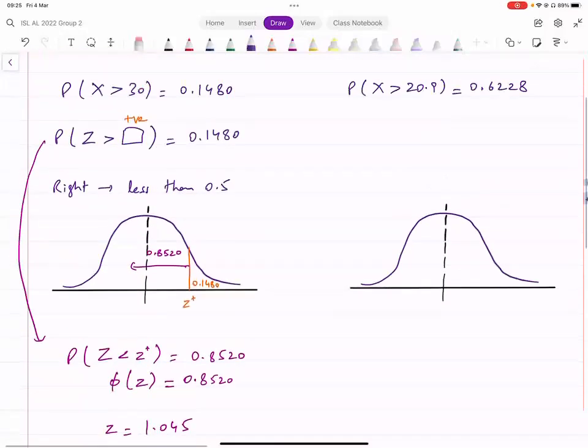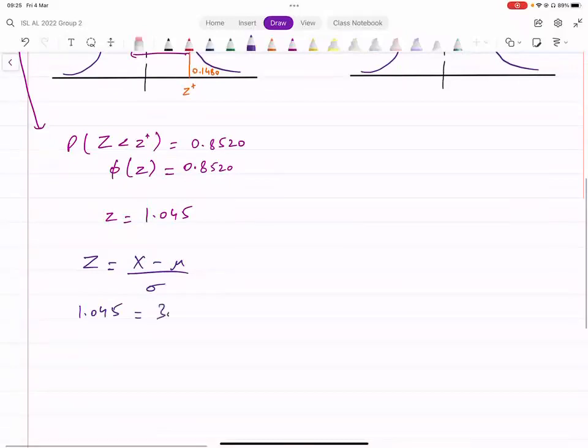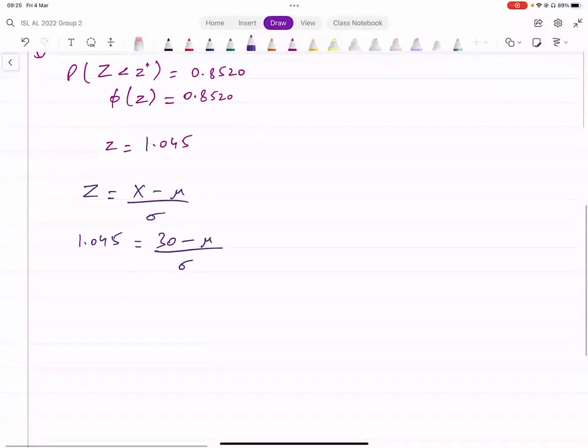What's the corresponding value of x? 30. 30 minus mu over sigma. So we get an equation in mu and sigma. इसको आप simplify कर लें, and you get 1.045 sigma plus mu equals 30. That's one equation that you have.